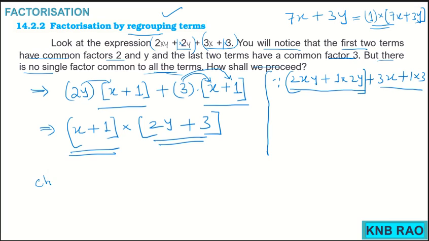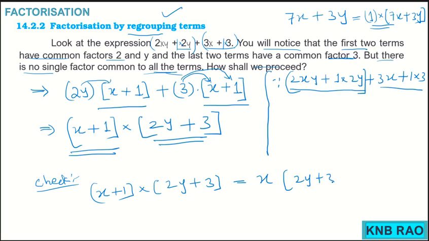You can cross check each and every term of x plus 1. If I multiply with each term of the other binomial 2y plus 3, I will get x into 2y plus 3 plus 1 into 2y plus 3.